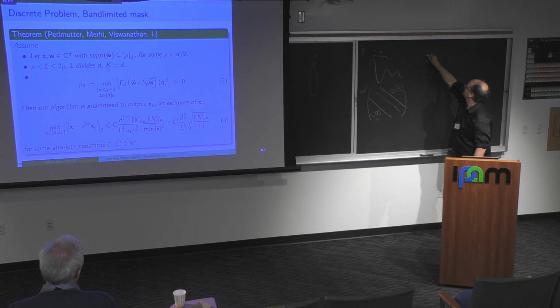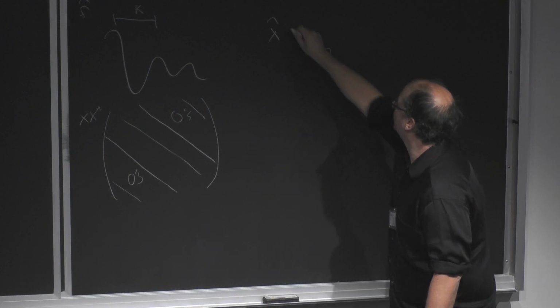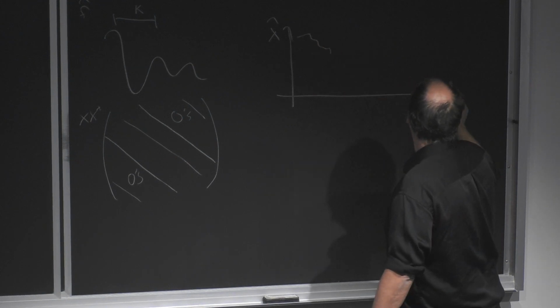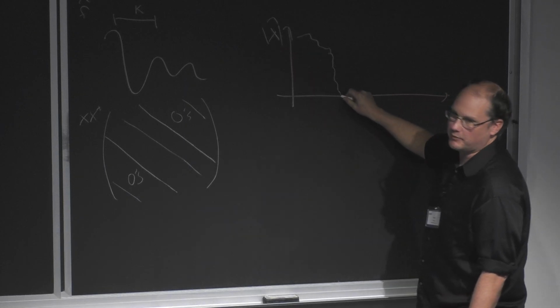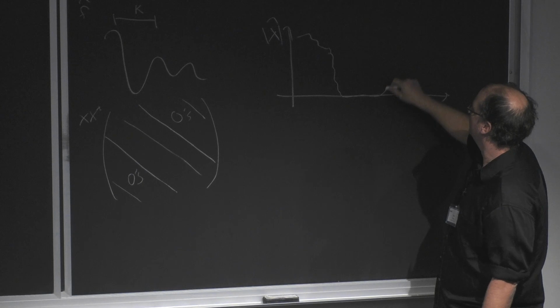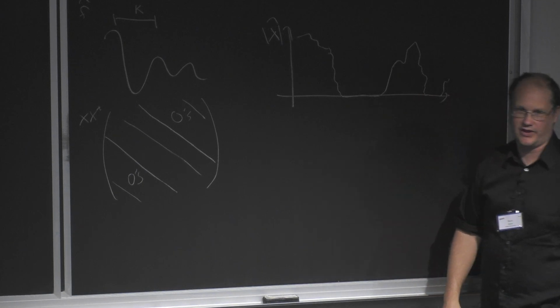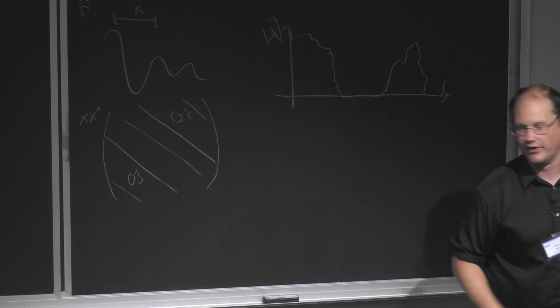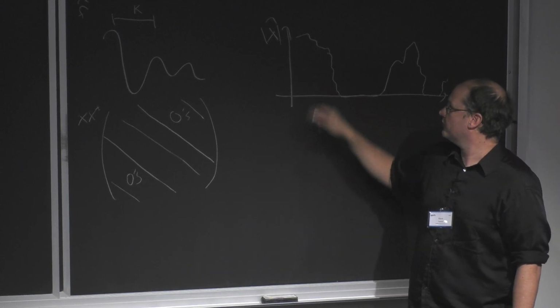So suppose that the Fourier transform of x looks like this. So it's in magnitude. It does some stuff. It comes down and becomes 0 for a while. And then it does some other stuff and then becomes 0 for a while. Looks like this. So it has isolated islands of non-zero Fourier values.